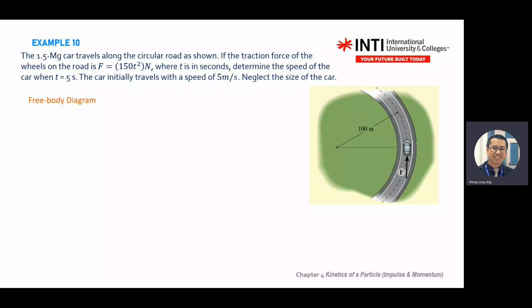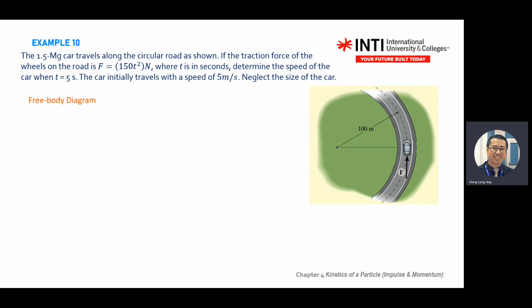Okay, let's see how we apply the principle of angular impulse and momentum and the conservation of angular momentum. We are given a curve. So you know this is a curvilinear motion. You have to identify whether this is rectilinear or curvilinear.